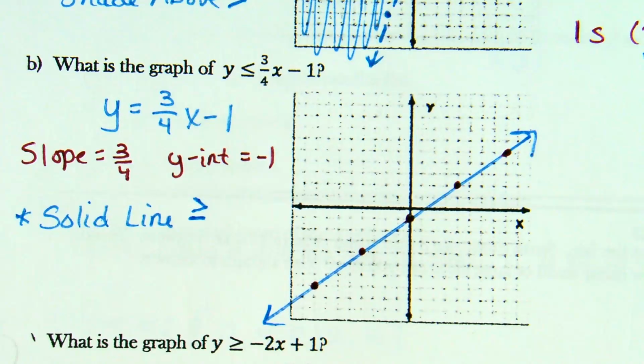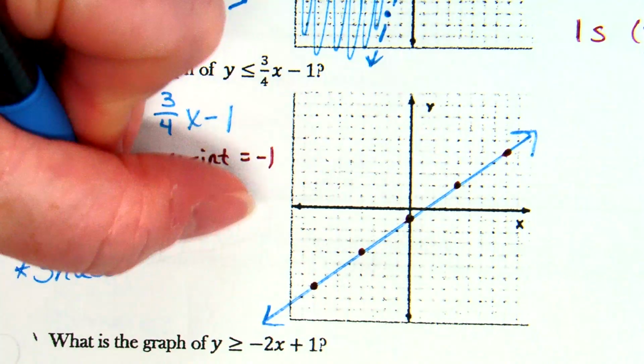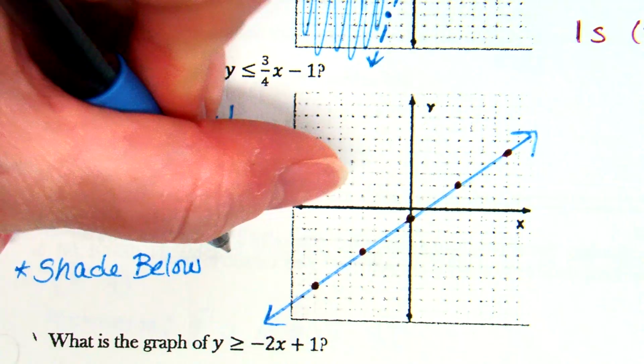And it will be shaded below. So you're now asking yourself if we're going to shade above or below. This sign is what type of sign that matters? Less than. Anytime you have a less than type sign, we're going to shade below.